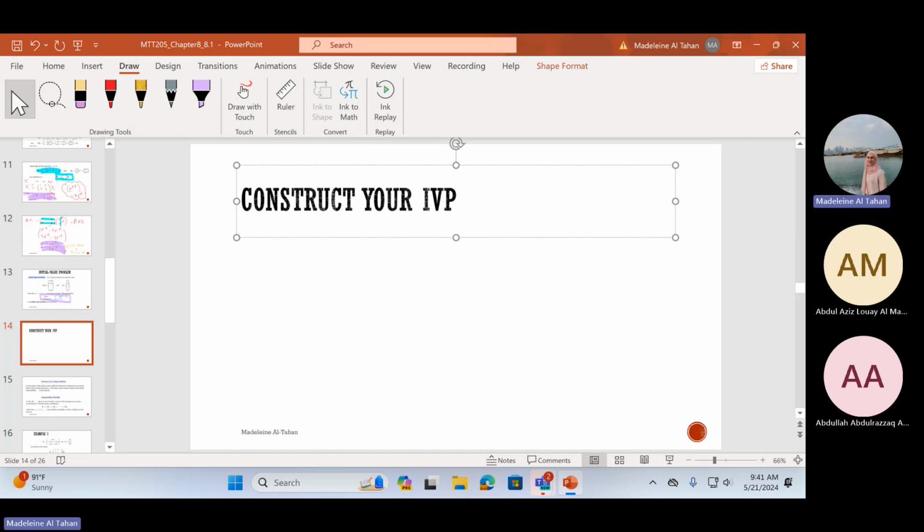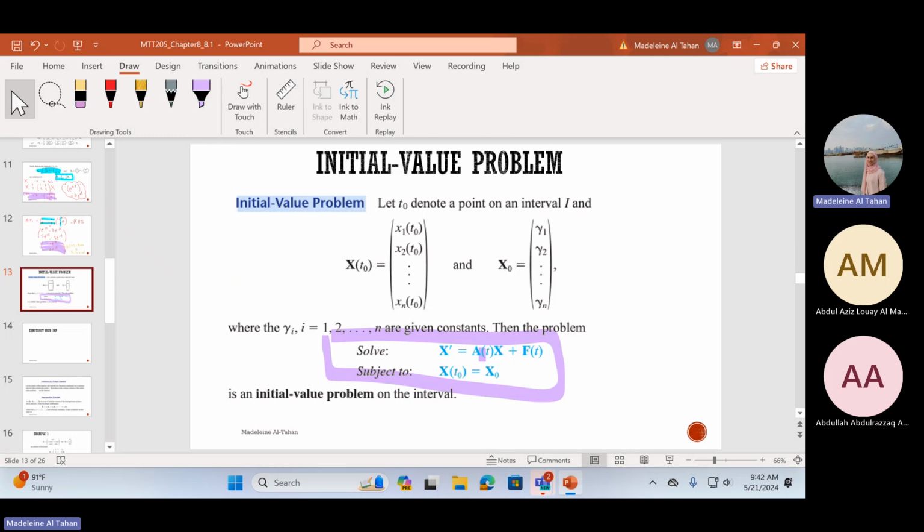Okay. We need to construct our own initial value problem. Let's do it just as 2 equations with 2 unknowns, and I need a volunteer to come to the board and solve. Noor, you will write it on the board. Okay, try to do it in your notebook.